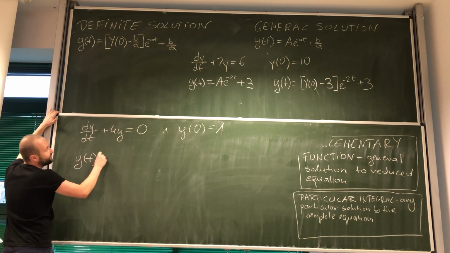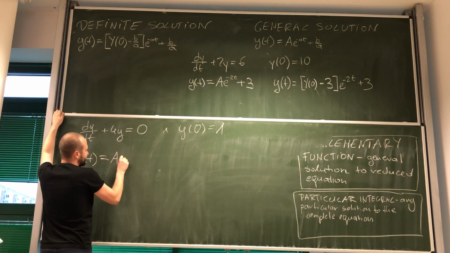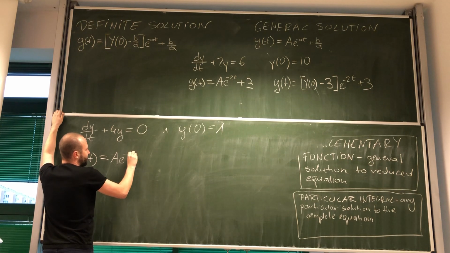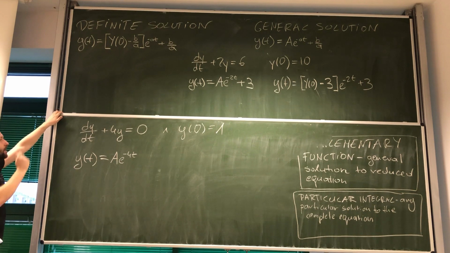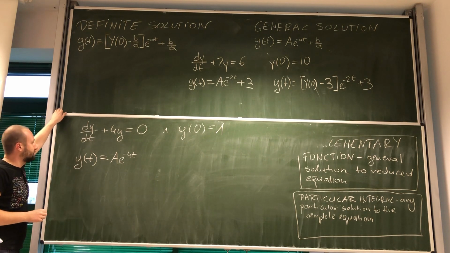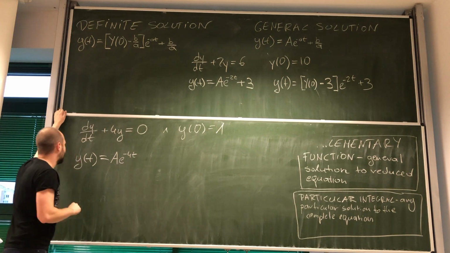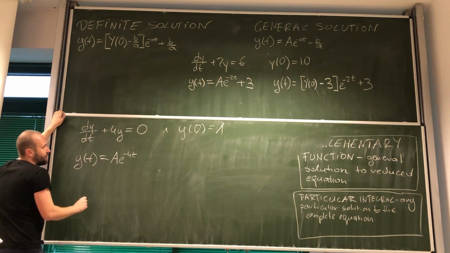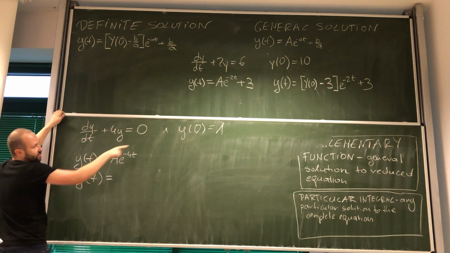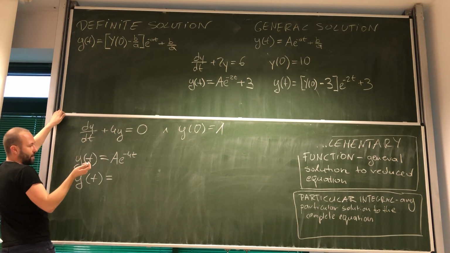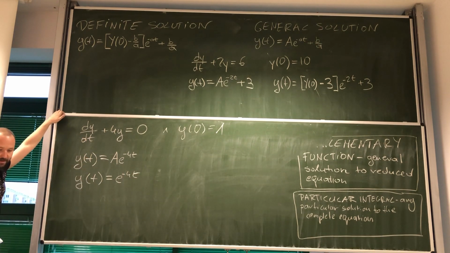We've got y of t is equal to a times e to the power negative 4t, and that's it. Because this is a homogeneous equation, we do not have a particular integral. This also means that the definite solution is just, we substitute a with 1, so we've got just e to the power negative 4t.